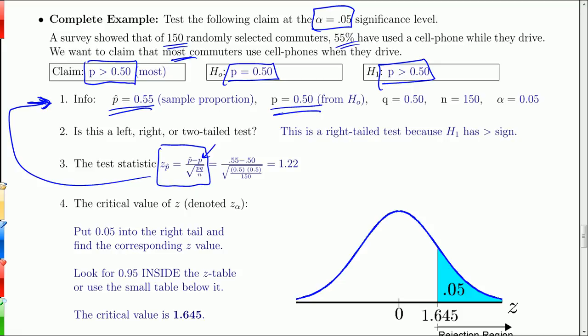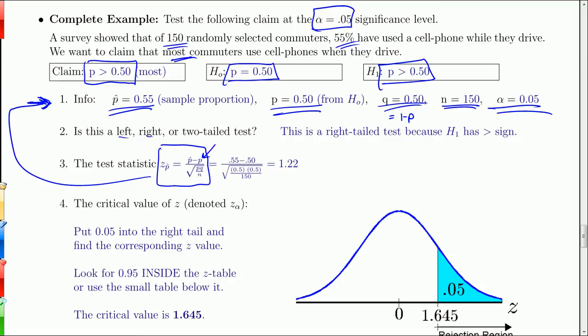So that gets a 0.5. And Q is always equal to 1 minus P, so 1 minus 0.5 is 0.5. I also have an N in there, that's 150, my sample size. And my significance level is 0.05. So that's just some preliminary info.